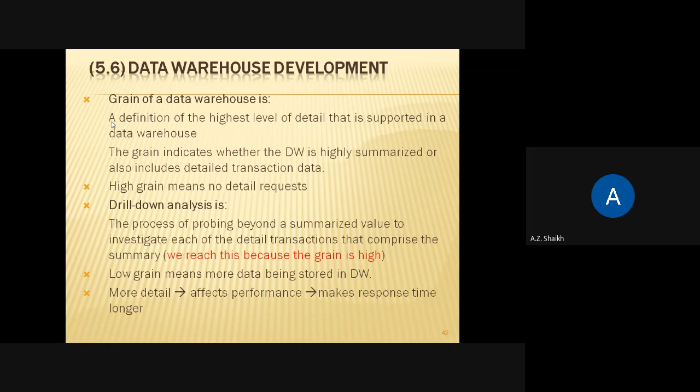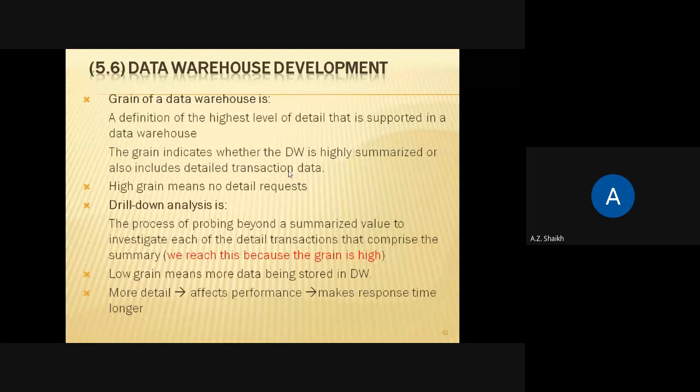Sheet means one grain, the smallest part of the rice, and from that we get all the information. Likewise, the grain of a data warehouse is the definition of the highest level of detail that is supported in the data warehouse. That means this grain is nothing but the summarized data. Grain indicates whether the data warehouse is highly summarized or also includes detailed transaction data. That means small data will give more information.